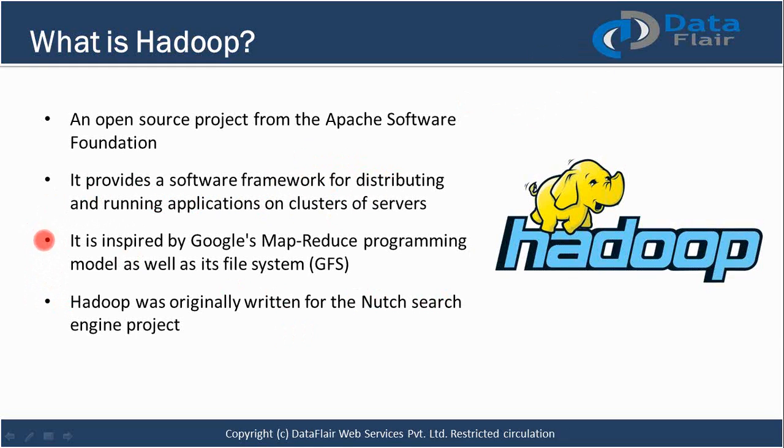In this manner, the development of Hadoop started as a sub-project. Hadoop was merely a small sub-project of Nutch search engine. But guys, very soon, due to the popularity and power of Hadoop, Hadoop became a top-level project.